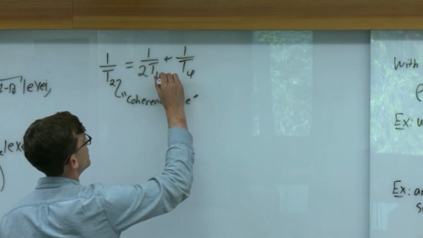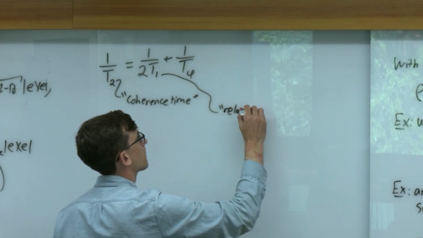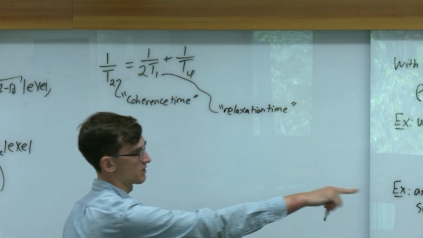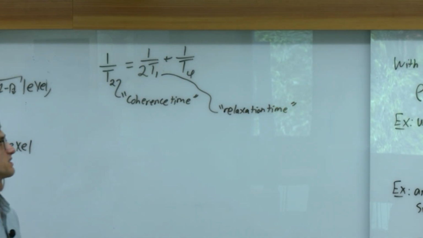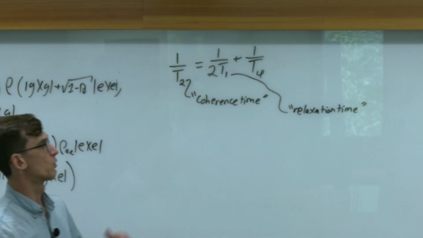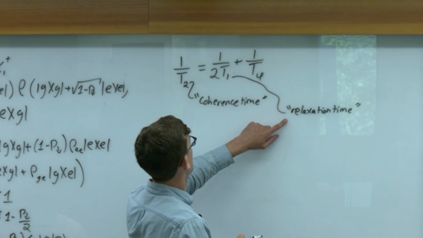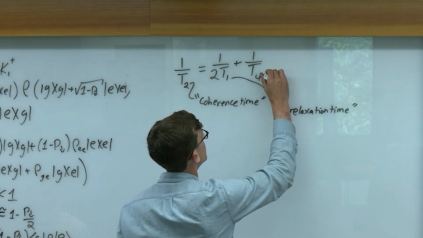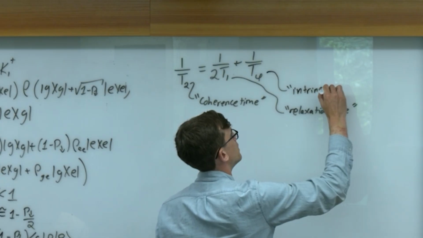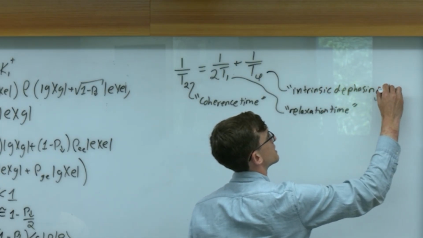So T1 is the relaxation time. And it's the same thing as amplitude damping. So when I say relaxation or amplitude damping, those mean the same thing: the rate at which I relax from the excited state to the ground state. And then this T phi is the intrinsic dephasing time.